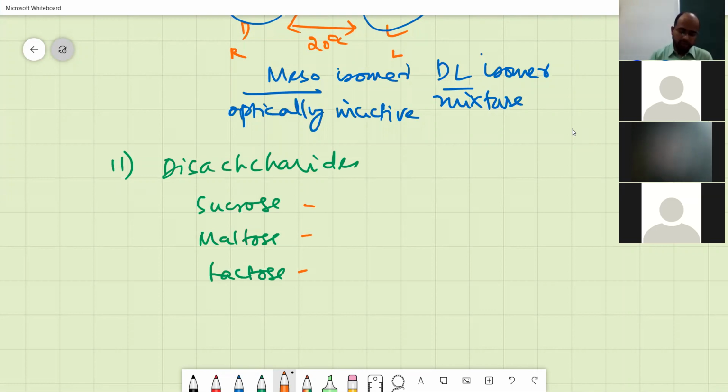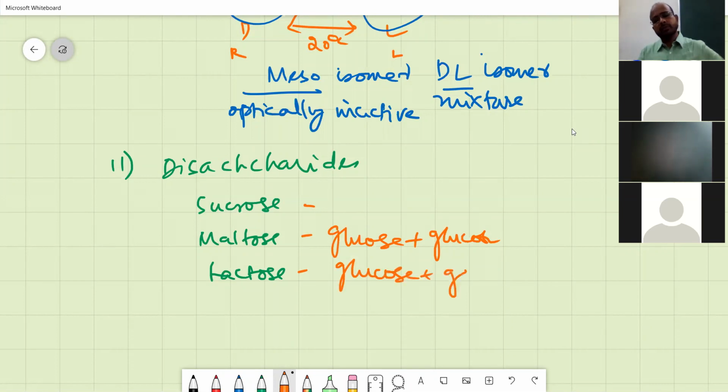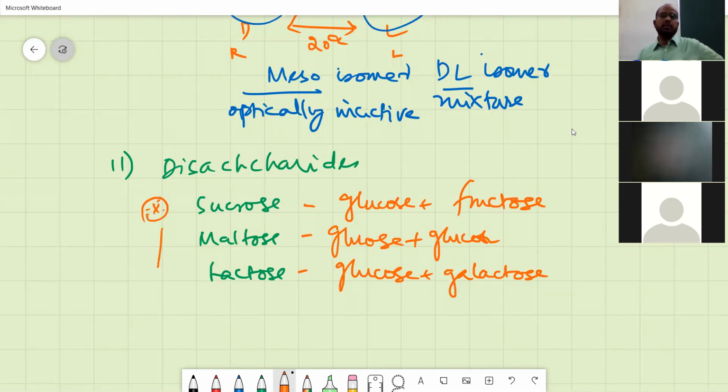In the maltose, you have 2 glucose units. In the lactose, you have glucose plus galactose. And in sucrose, you have glucose plus fructose. Okay, so all these three are very important.